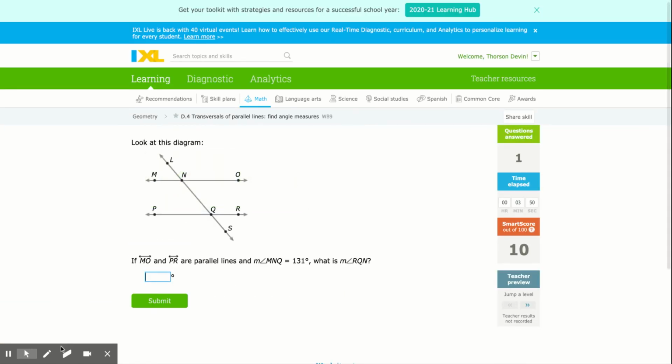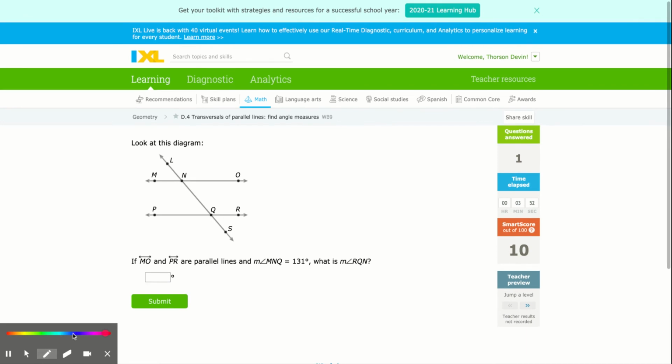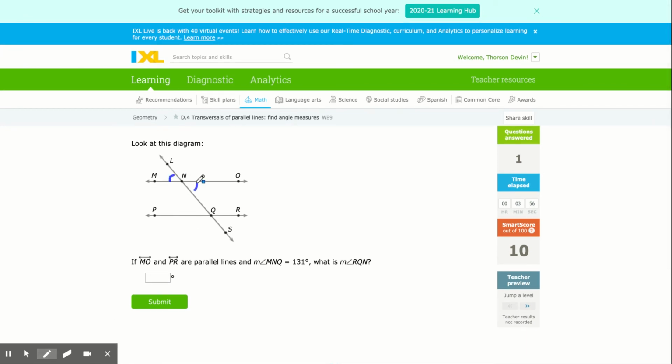I don't know if you can just visually remember, but what I would recommend doing is label or mark the four smaller ones in one color, the four larger ones in a different color: this angle here, this angle here, this angle here. Find the angle measure of the two angles. So for instance, MNQ is 131. MNQ, that's this red angle here. So this red angle is 131.